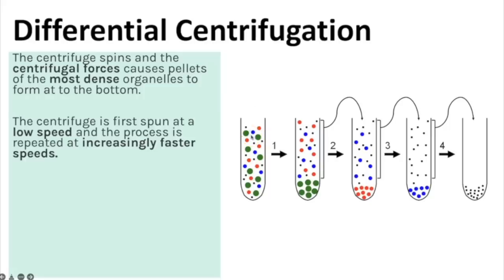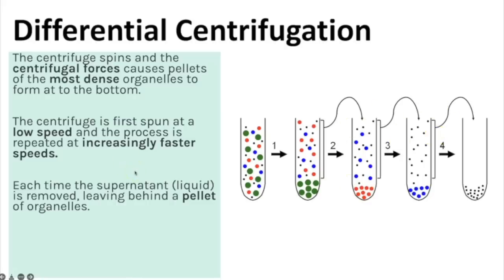And if we first spin at low speed, the most dense organelle will form a pellet at the bottom. We would then remove that pellet and spin the rest of the filtrate again at a slightly faster speed. We'd then get the next most dense organelle forming the pellet, and we repeat this process at increasingly faster speeds.